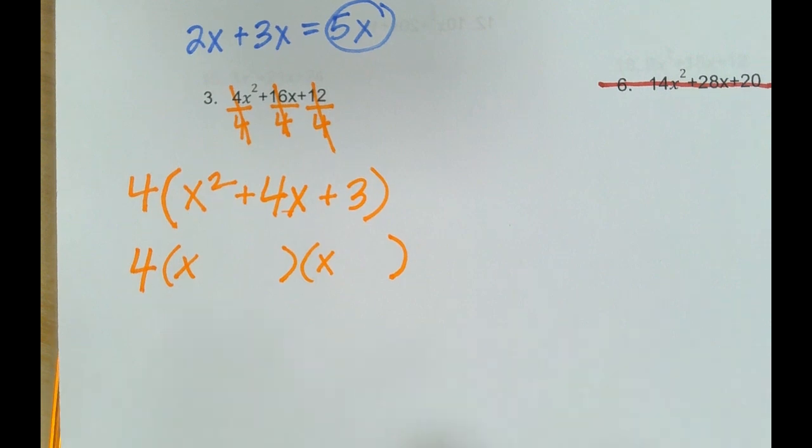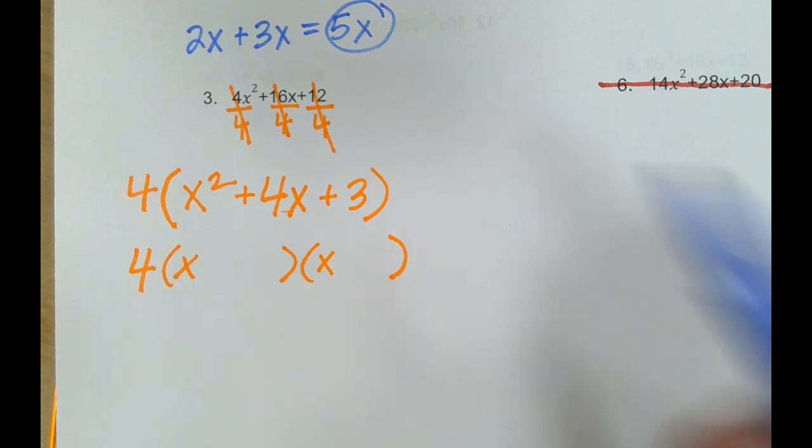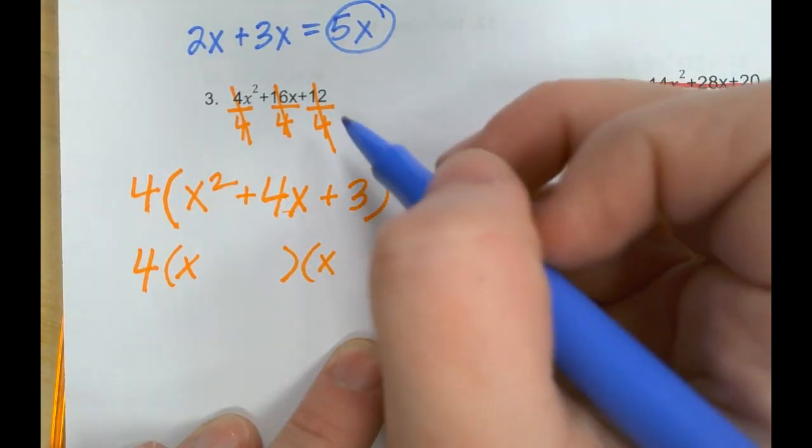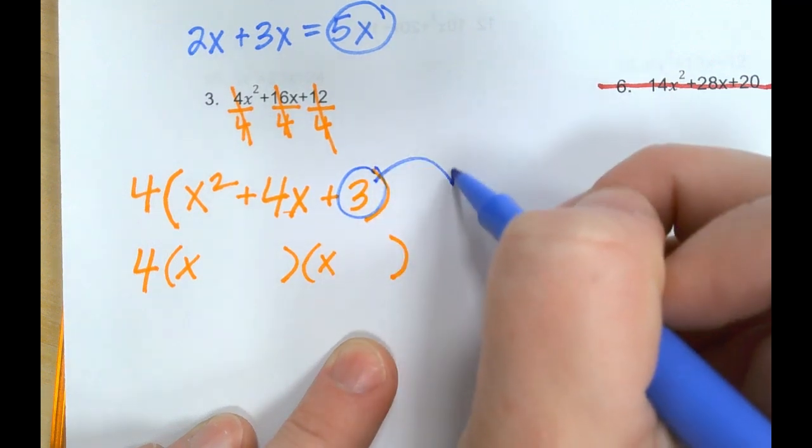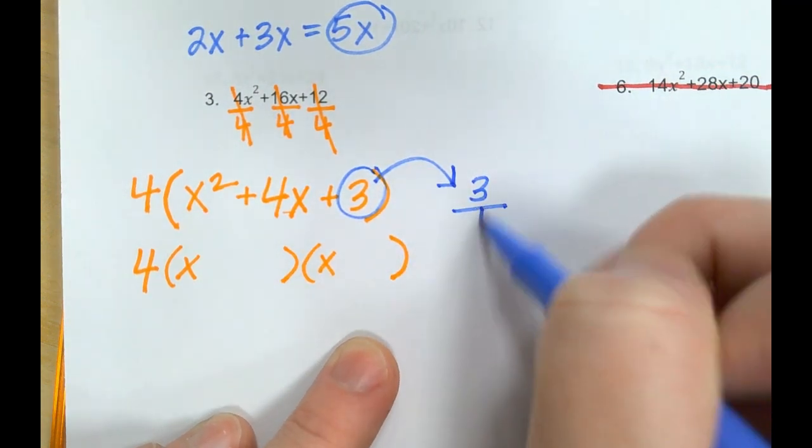Okay. So I'm here now. I've got 4 times parenthesis with x, parenthesis with x. How will I figure out what needs to go in the parentheses? Plug it in from the key. Yeah, I want to find the factors of my new c, which in this case is 3. And what are my factors of 3?